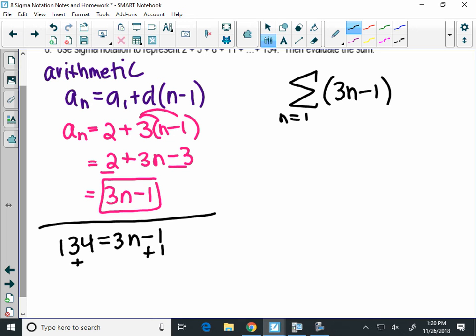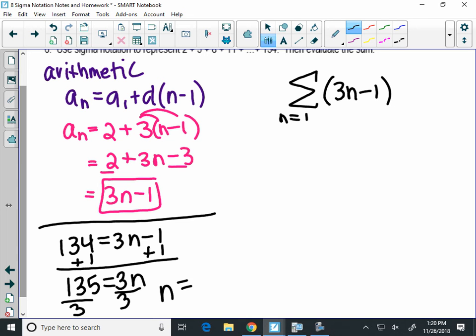So I'll add 1. Get 135 equals 3n. Divide by 3. And how many terms is that? 45. So 45 is your top index. You're adding terms 1 through 45.